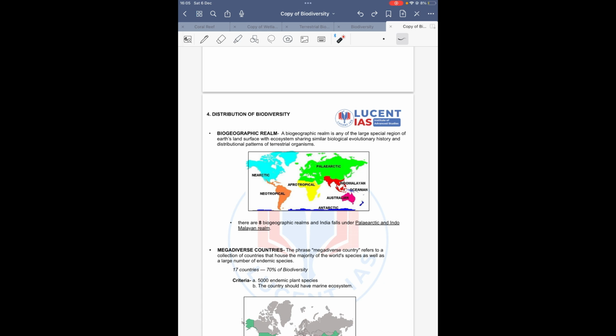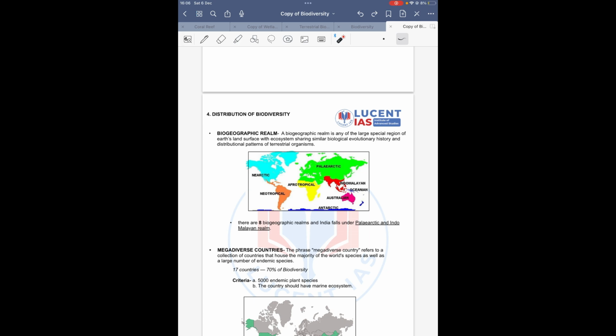So যোনবোৰ area similar evolutionary history আছে and distribution pattern, they are categorized under a term called biogeographic realm, like Nearctic, Neotropical, Palearctic, Afrotropical. So these are the divisions on the basis of their evolutionary history and distribution patterns, clear, of terrestrial organisms.